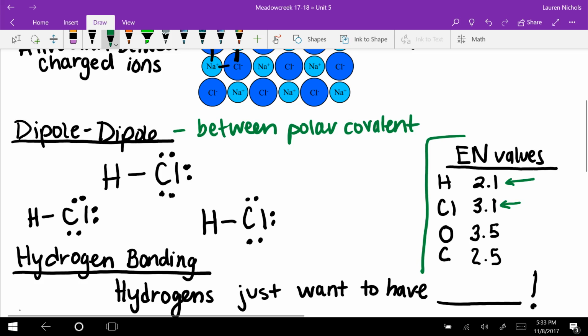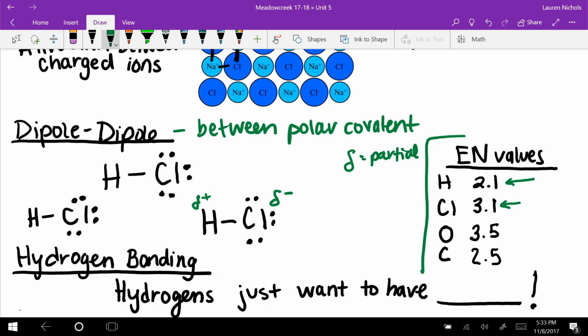We also know that hydrogen naturally is going to be a little more positively charged. Chlorine is more negative. And so what we see is that chlorine has a partial negative, so that little symbol that I drew there means partial, and hydrogen is going to be partially positive.